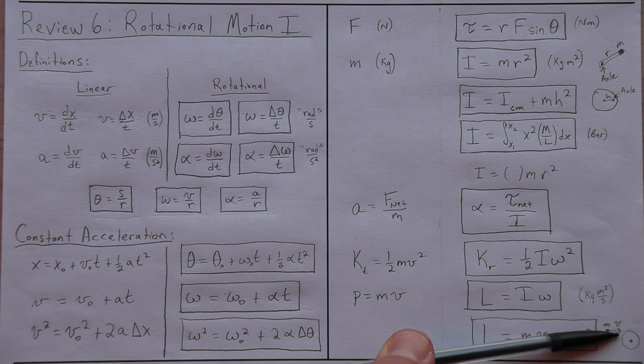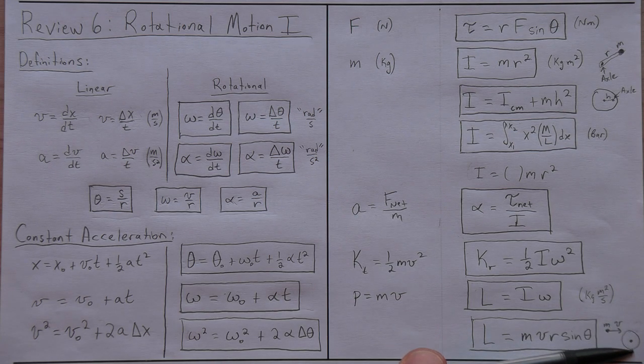But if the baseball is shot to the side and I stick my hand out and catch it, that baseball moving is going to hit me and cause me to rotate. So something moving with a velocity and no spinning has an angular momentum of mvr sine theta, of whatever angle the radius and the force and the velocity make between each other.